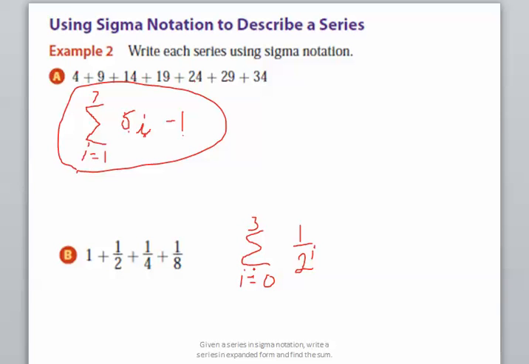What does that mean? Well, if I put a 0 in there, 2 to the 0th is 1. 1 over 1 is a 1. I put a 1 in there, 2 to the 1 is a 2, so that's 1/2. I put a 2 in there, 2 squared is a 4, that's 1/4. Put a 3 in there, 2 to the 3rd is 8. So yes, that would work.